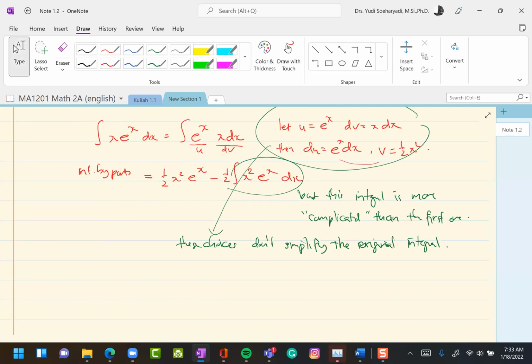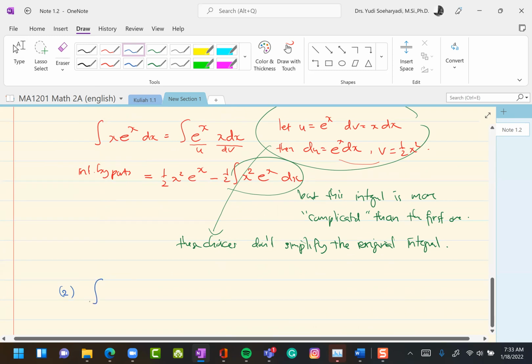Okay, let's see another thing. So let's see if I have this one. Now instead of x, we replace it by x squared. So here, our choice is that u equals x squared, and v is this.